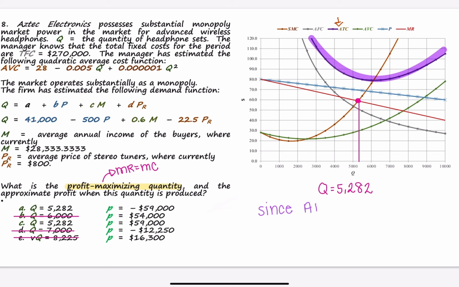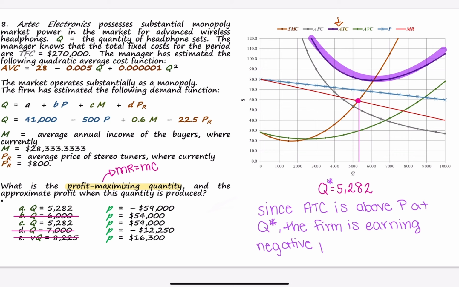So since average total cost is above P, I'm going to make this Q star just for the sake of writing it out. Q star. The firm is earning negative profit / experiencing a loss.